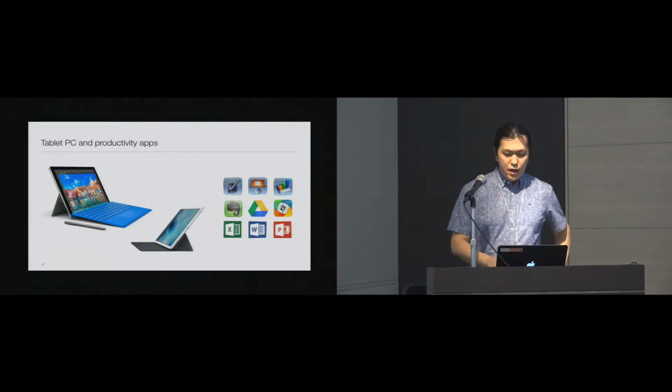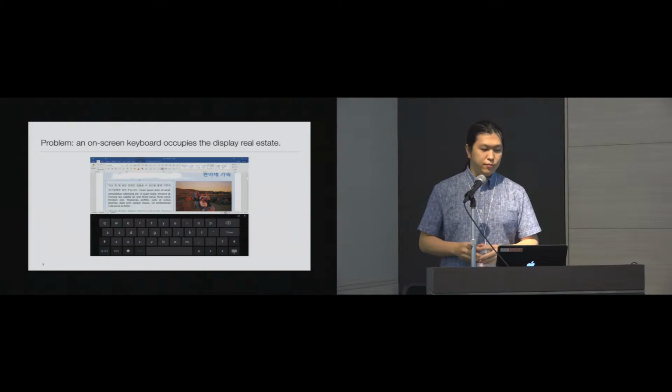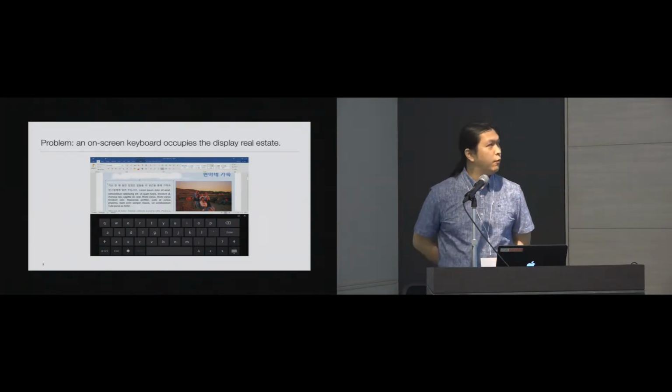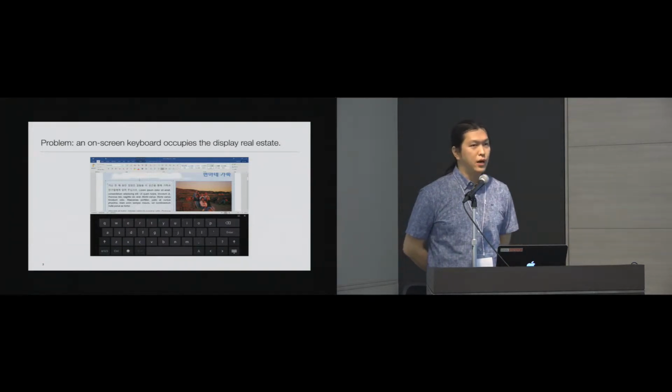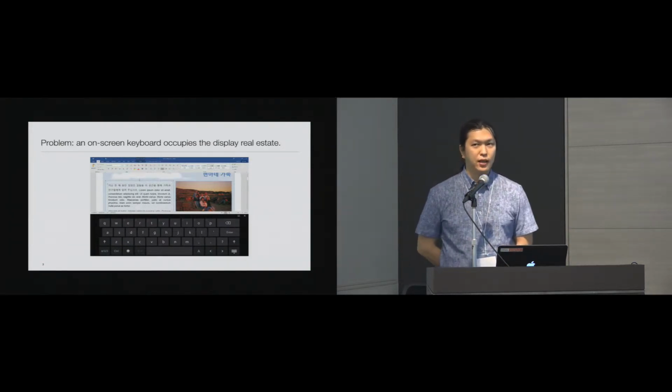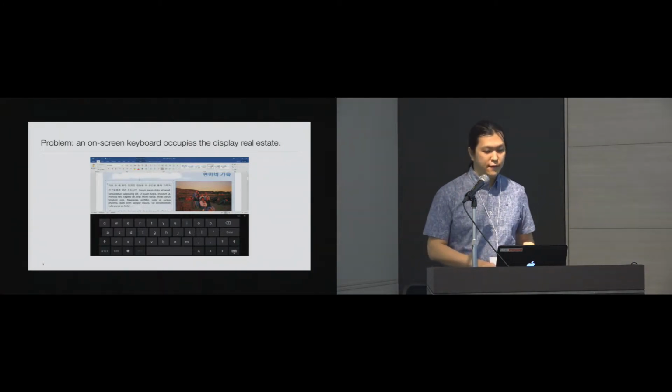However, there is a problem of screen space when users are using a virtual keyboard on the screen. For example, in this case, the toolbar and the keyboard are occupying the screen, and only 1/3 of the screen is utilized for displaying the content itself.